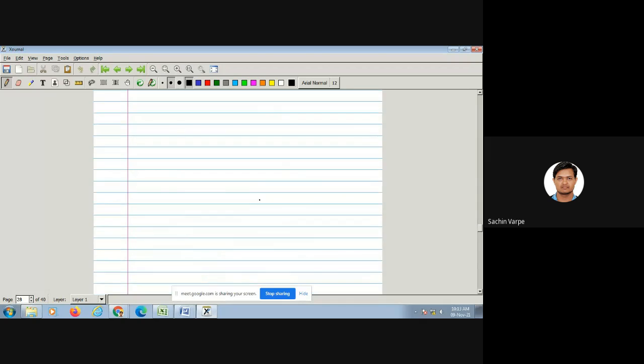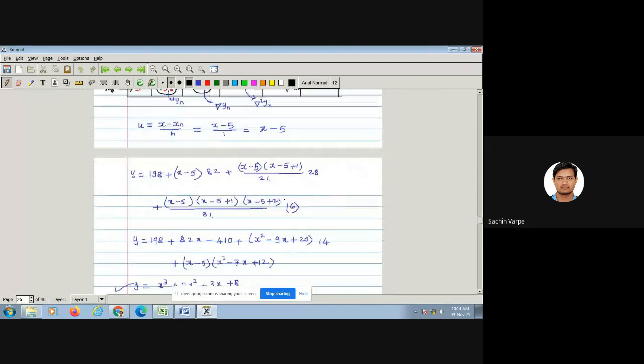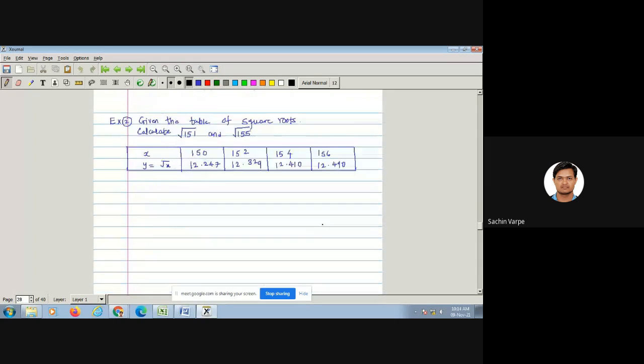Yes or no? We have started with the numerical integration. I actually don't remember what was the last topic. Someone please reply. Have we started with the numerical integration or not? Yes.